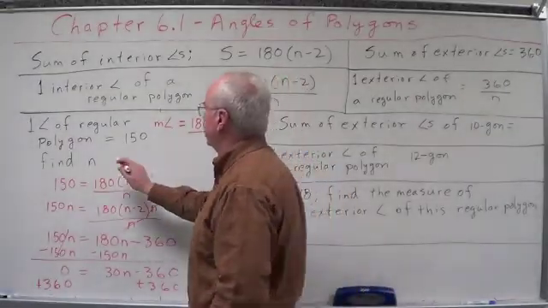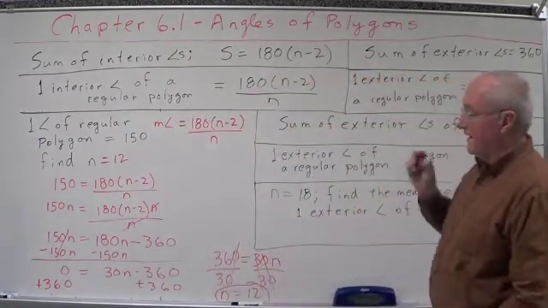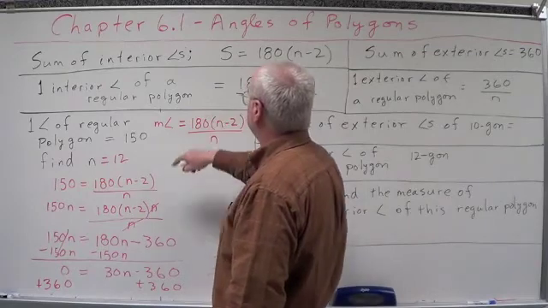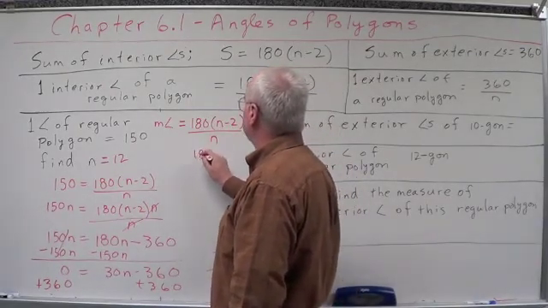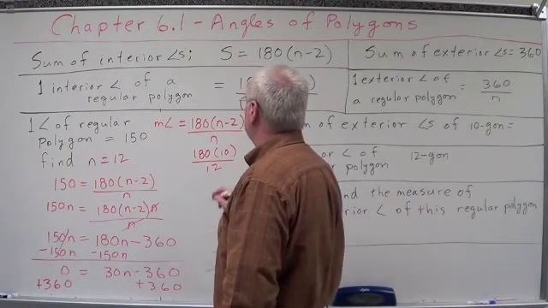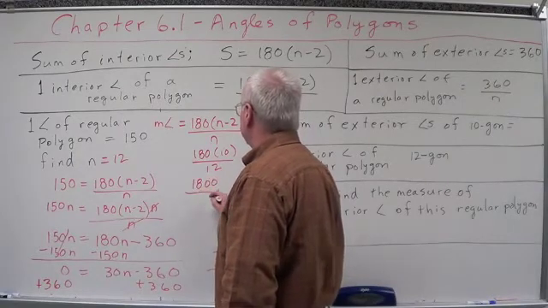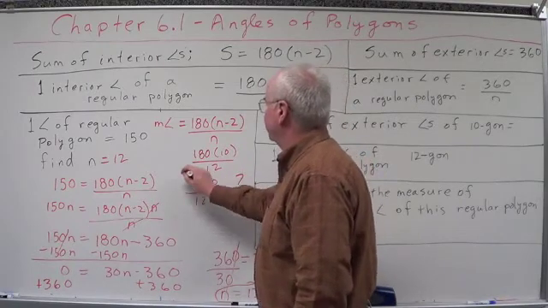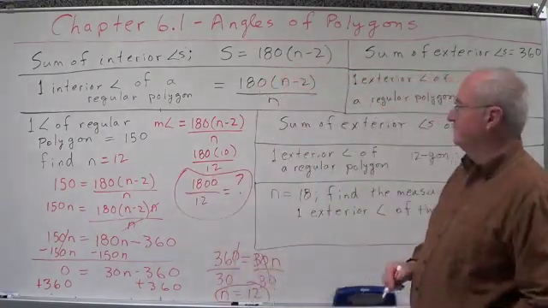So n equals 12. Can we find out if that's true or not? Yeah. Put it in here and see what you get. 12, so that would be 180 times 10 divided by 12. 1800 divided by 12 equals, I'll let you figure that out. See if we're correct.